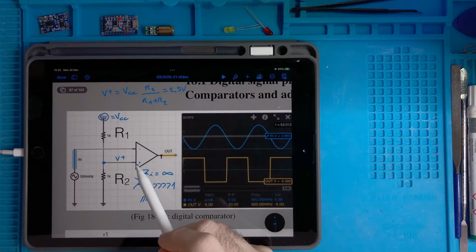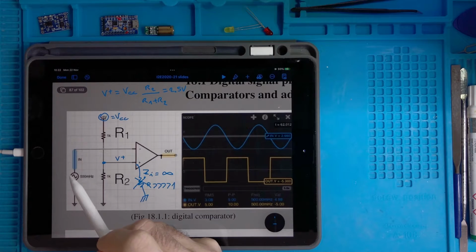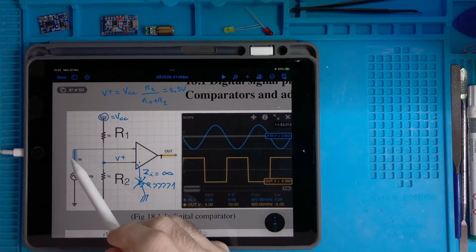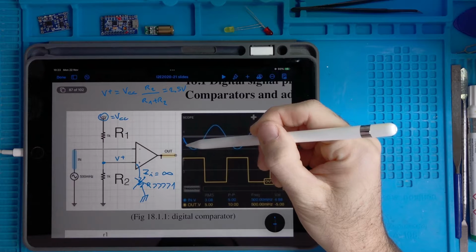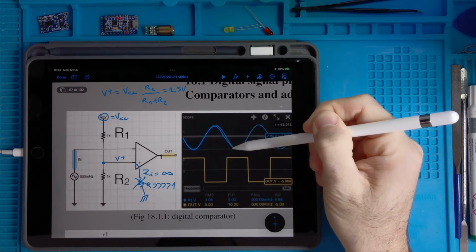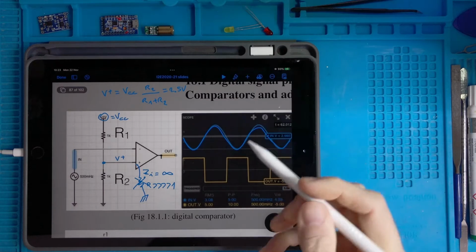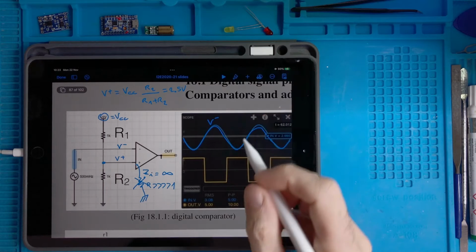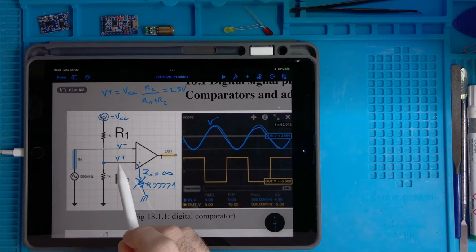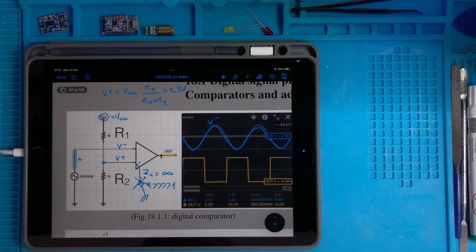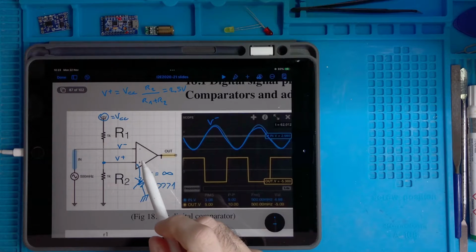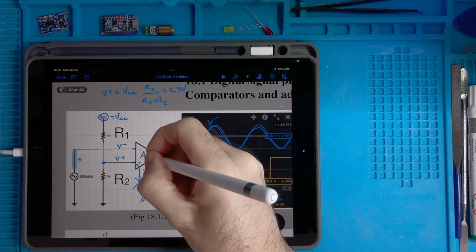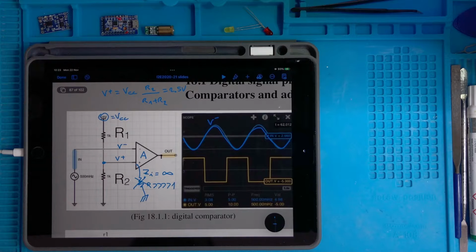But now this operational amplifier has another input, which is connected to a sinusoidal source of voltage. The signal might go down, up, down, up, down, up at this input, the V minus. But the V plus is 2.5 volts all the time. Then we know that the operational amplifier has a certain coefficient of amplification A, which is very big.